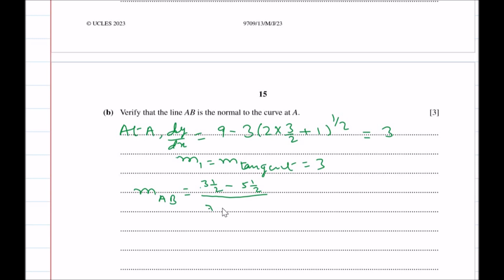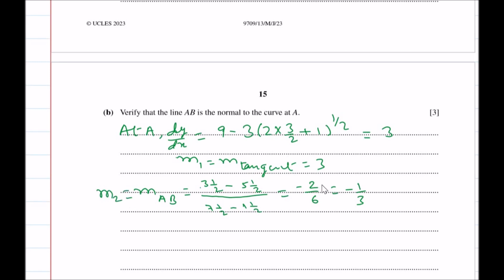So 7 and half minus 1 and half. And that will give us minus 2 by 6, that is minus 1 by 3. And this is our m2.